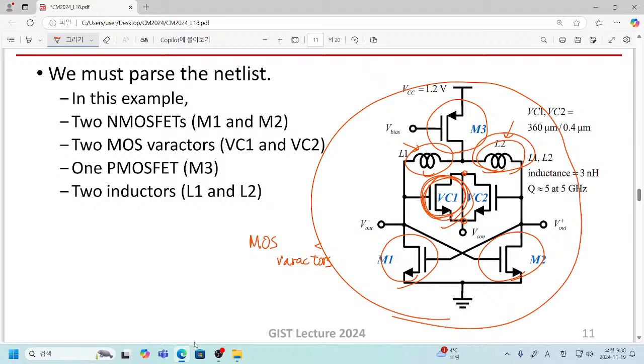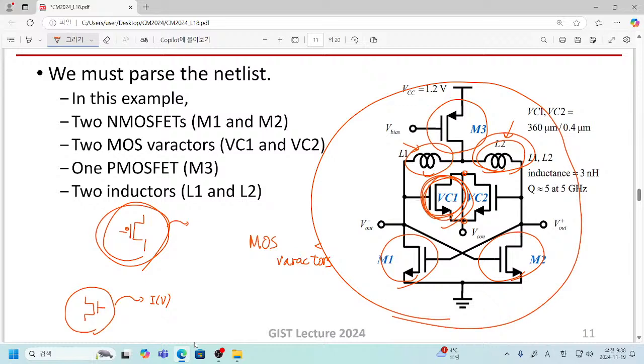Then how can we analyze the entire system? For example, you can ask me this question. Here we have a PMOSFET. First consider this PMOSFET and extract its IV characteristics. Also here we have an NMOSFET. By performing the DC simulation, we can calculate IV characteristics and make its IV model.